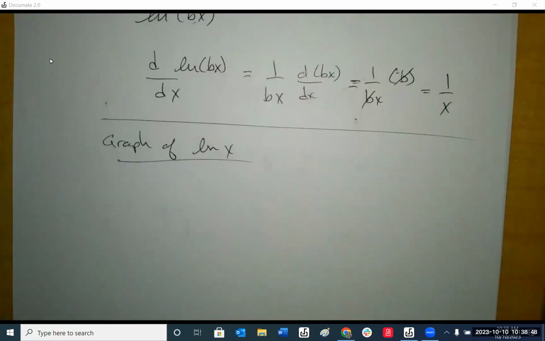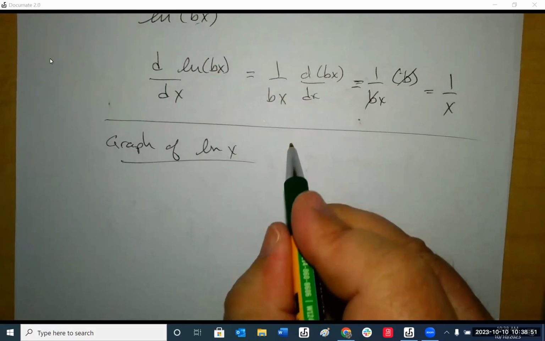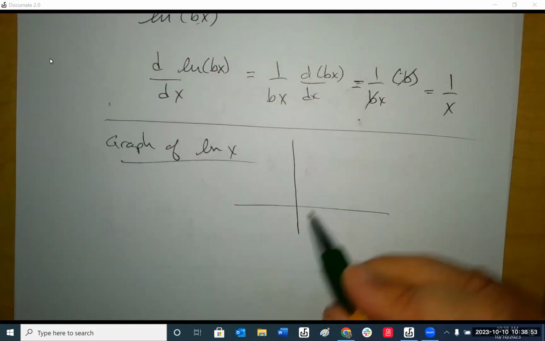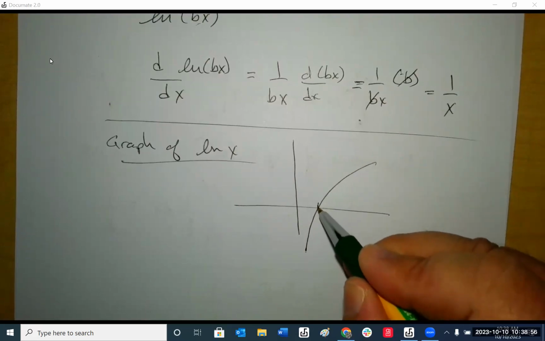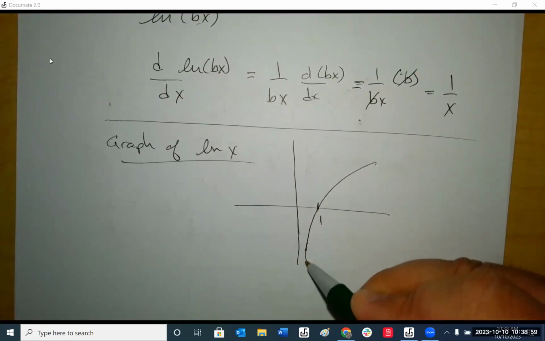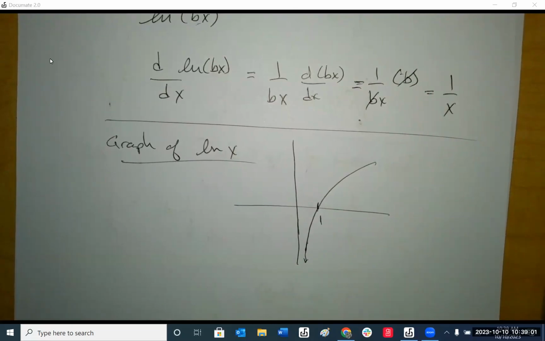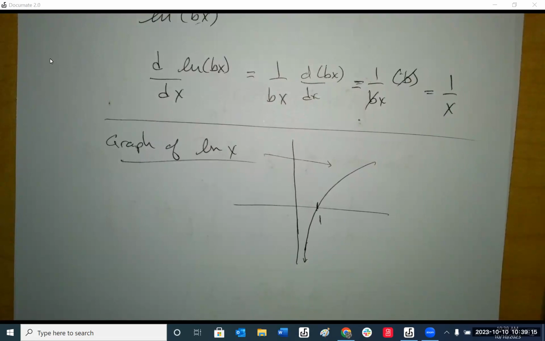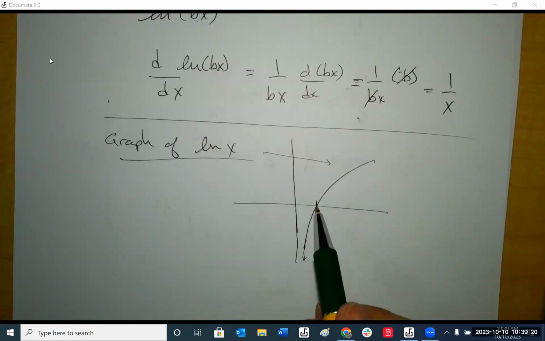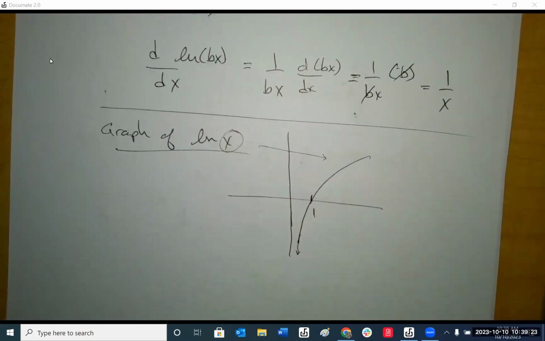And the graph of ln x, so there's the graph of ln x. Funny enough, it looks like the graph of any other ln, where the function itself is equal to 0 at 1.